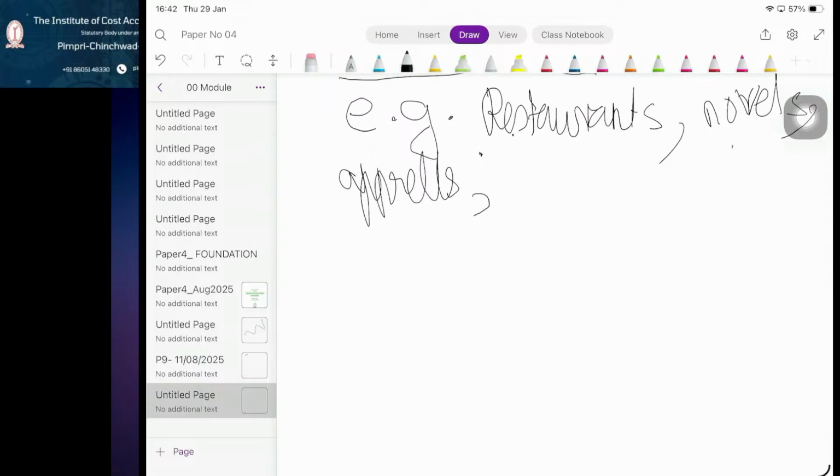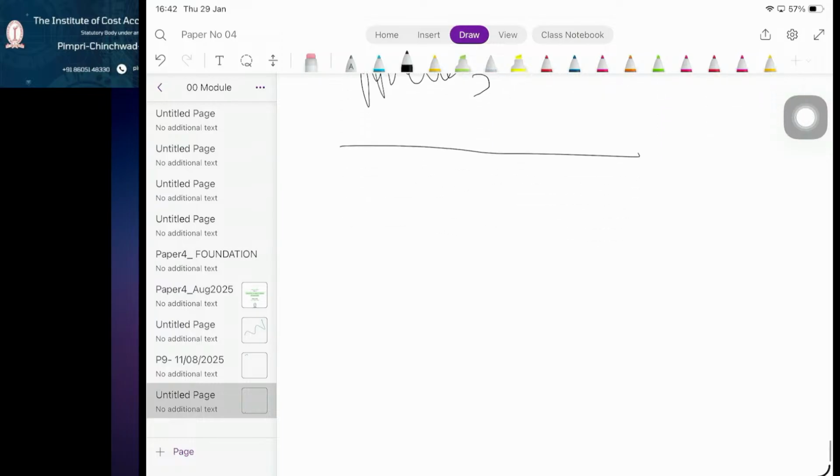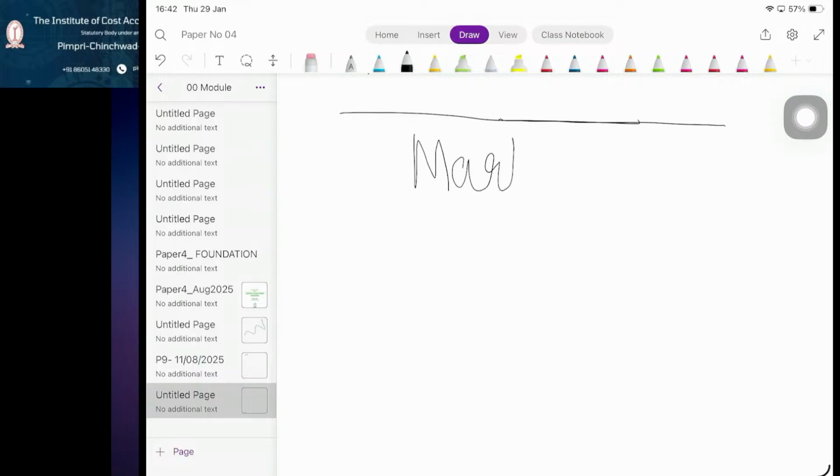Okay, fine. Just do one small exercise. Right now I'm moving this up. Try to make a memory recall of what the main market structures are.